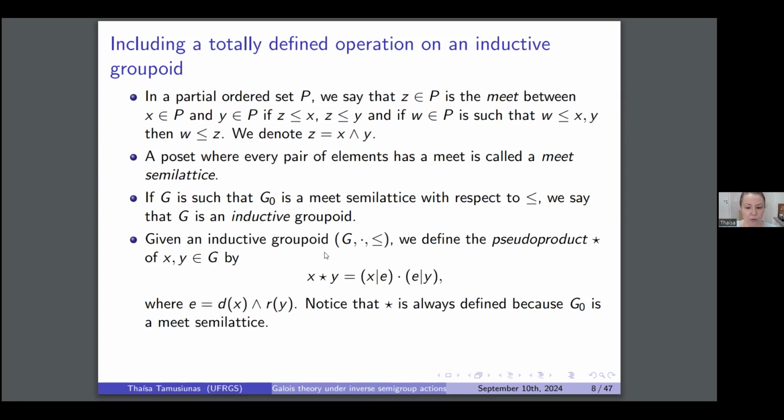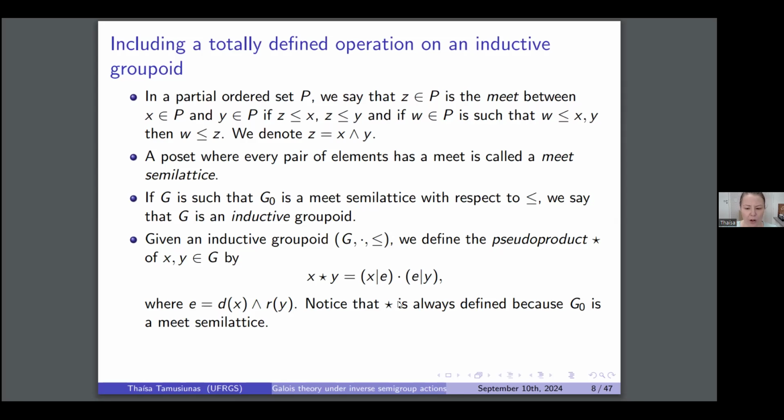Given an inductive groupoid, which means that it is an ordered groupoid and also has the property of G0 being a meet semilattice, we define the pseudo product star. So X star Y is equal to the domain restriction multiplied by the range restriction.